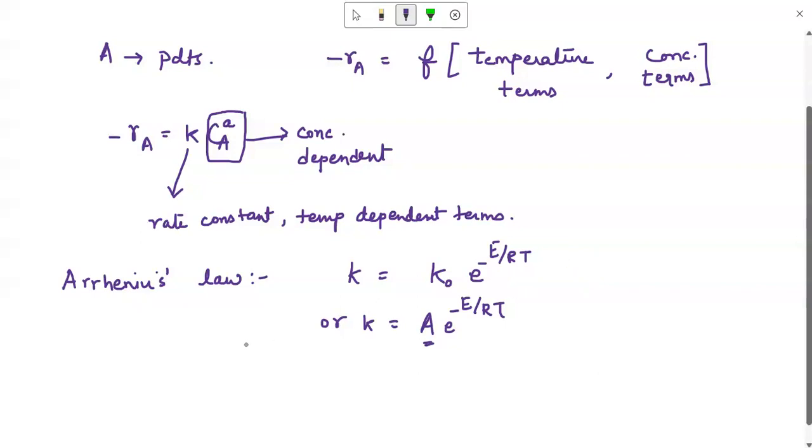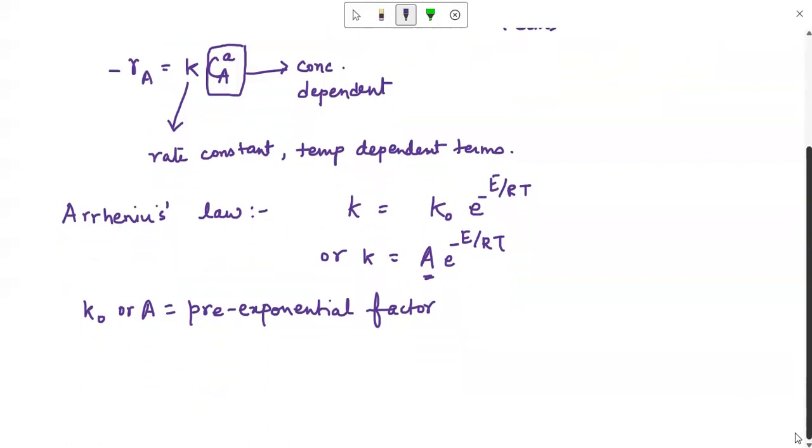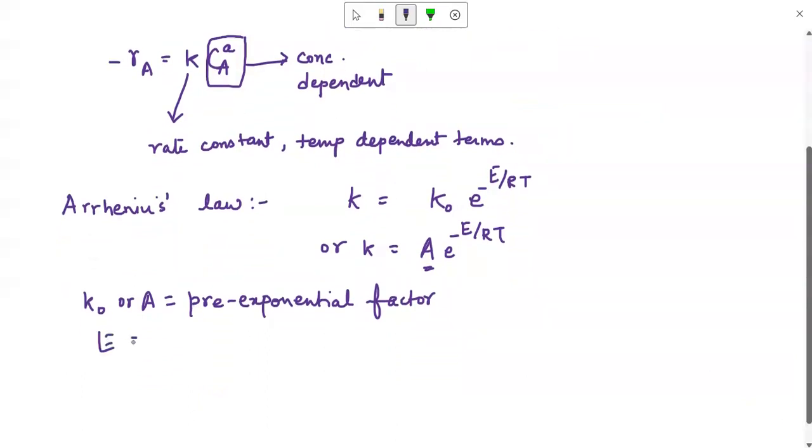So I'll just write down: k0 or A is known as the pre-exponential factor. E over here is known as the activation energy.